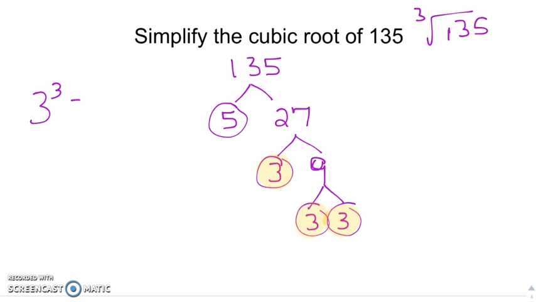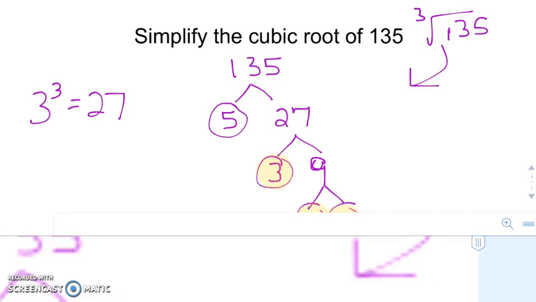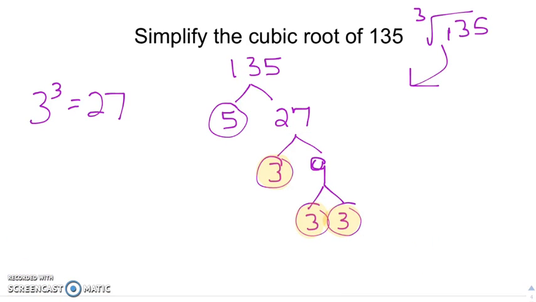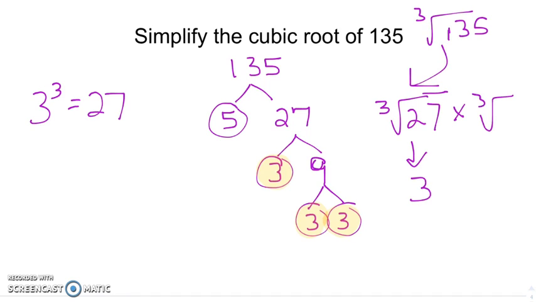3 cubed is 27. Therefore, I know I can start breaking this into the cubed root of 135, which would be equal to the cubed root of 27, which I know is 3, times the cubed root of 5, because 5 is all by itself here.